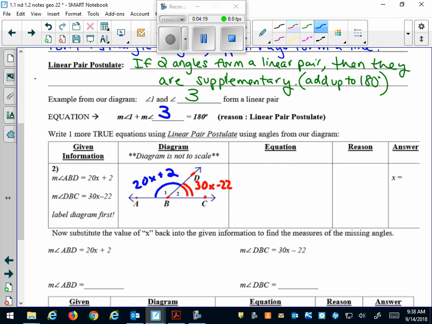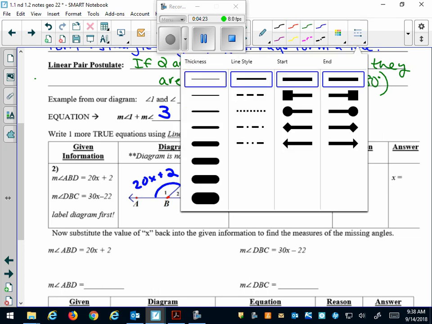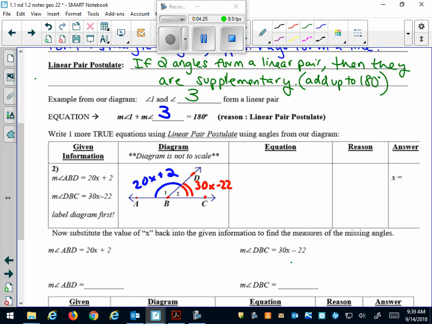Now we're going to write our equation. What equation could we write? Now this is really similar to the angle addition postulate, but in angle addition postulate you needed 3 given information statements, because you needed one little angle plus the other little angle equaled the whole angle. Here we don't need another one because we already know what it adds up to.